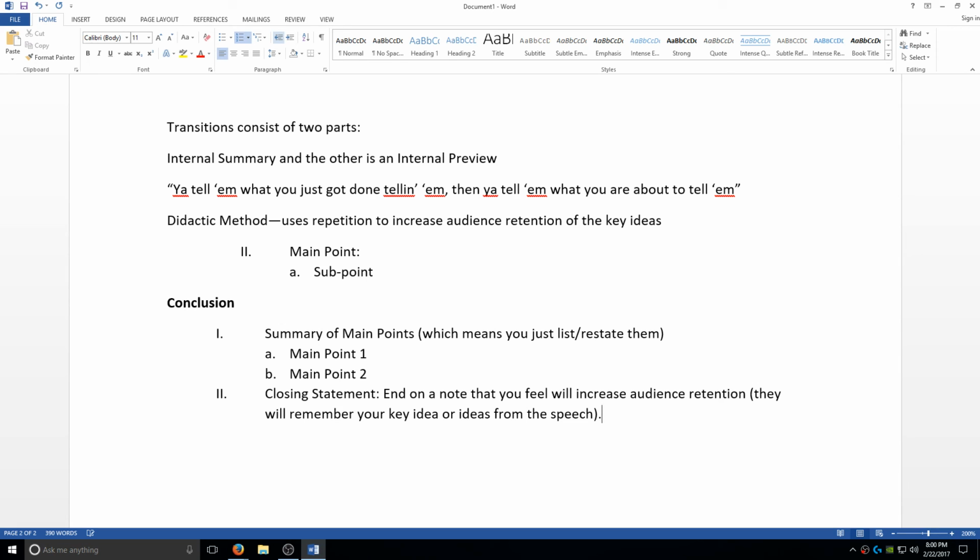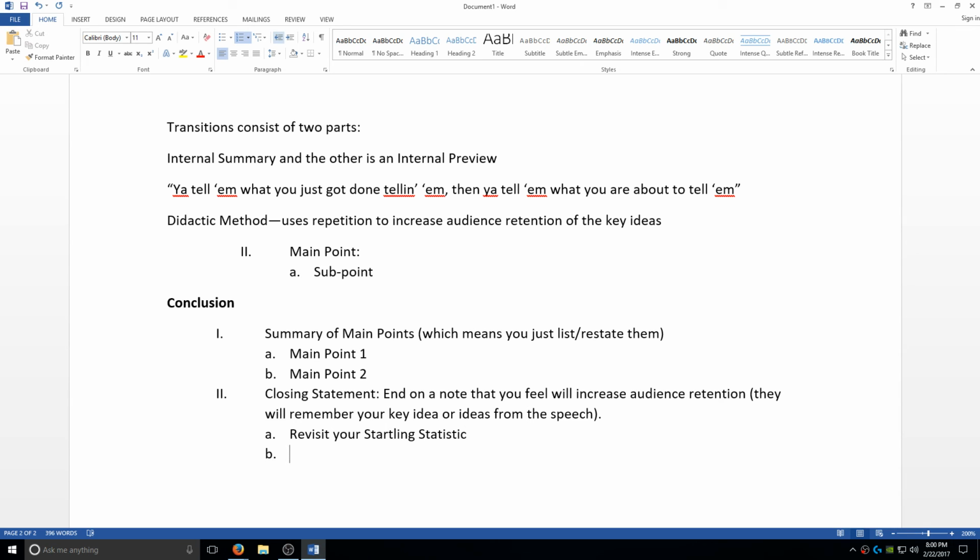This is where, again, a lot of art comes in. You could revisit your startling statistic by saying something like, I started this speech by saying 90% of people don't know who Stan Lee is. So now that I'm done with this speech, you are part of that elite 10% that knows who Stan Lee is. So go ahead and brag about it to all of your friends.